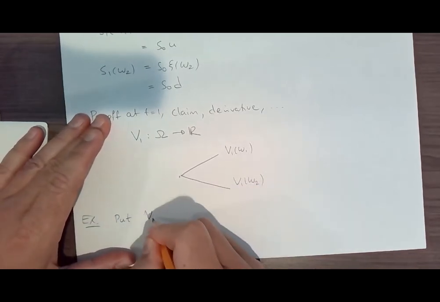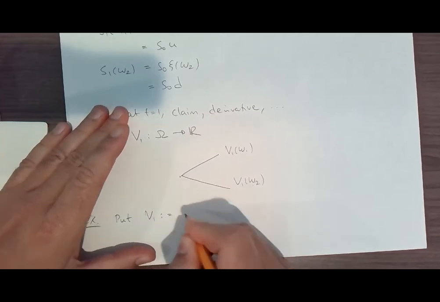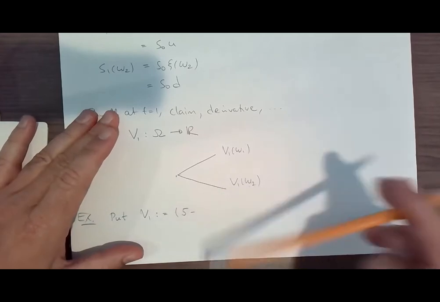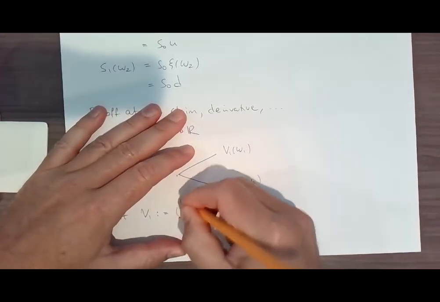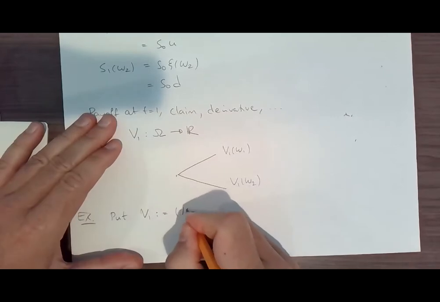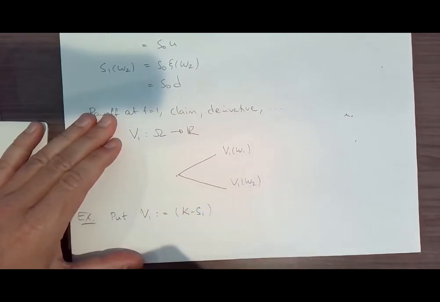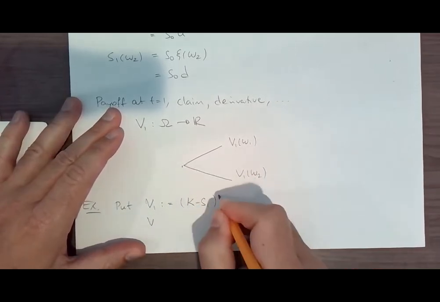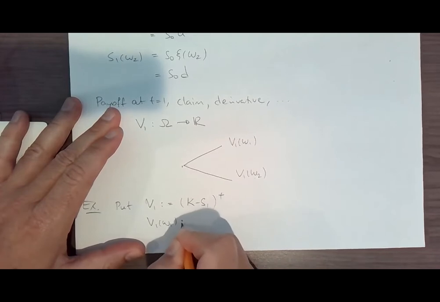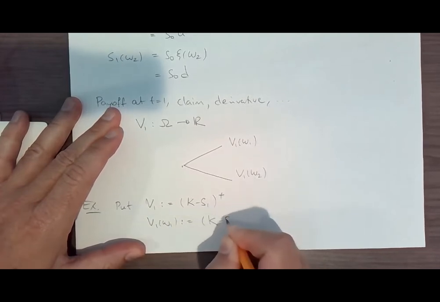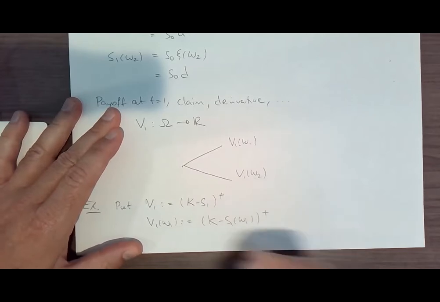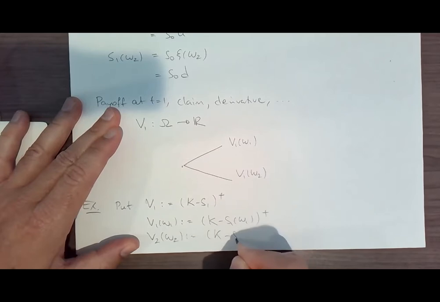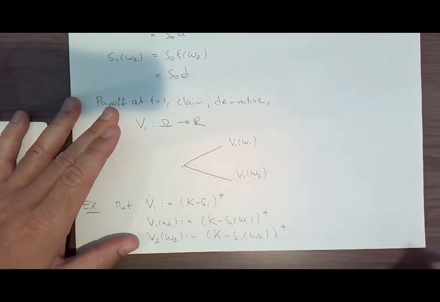V1 was K minus S1, positive part. Specifically, V1 of omega 1 is equal to K minus S1 of omega 1, positive part, and V1 of omega 2 is K minus S1 of omega 2, positive part.